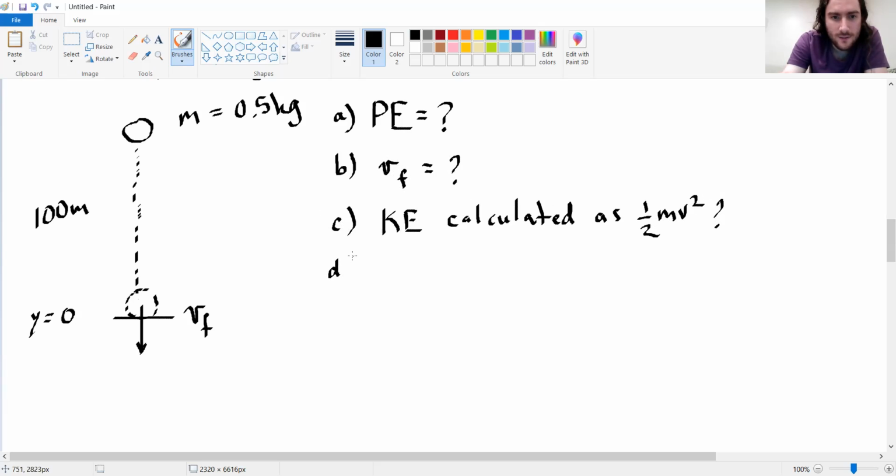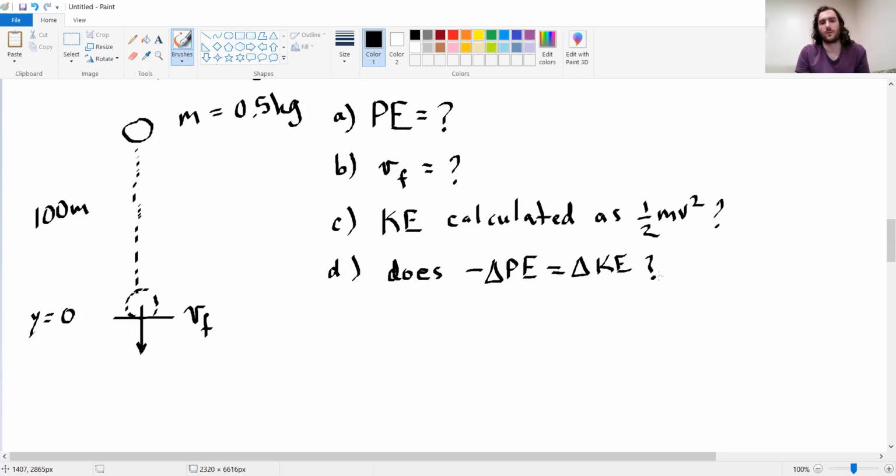And then D, does minus delta potential energy equal delta kinetic energy? Okay, does that relationship hold? And then we'll do kind of a special calculation here.